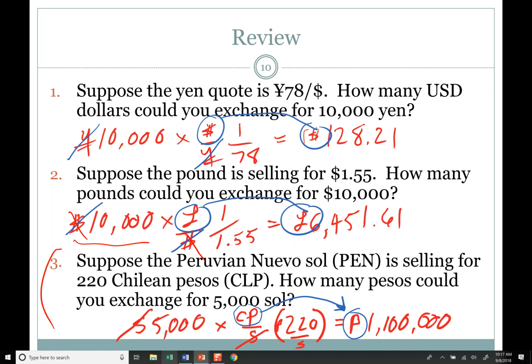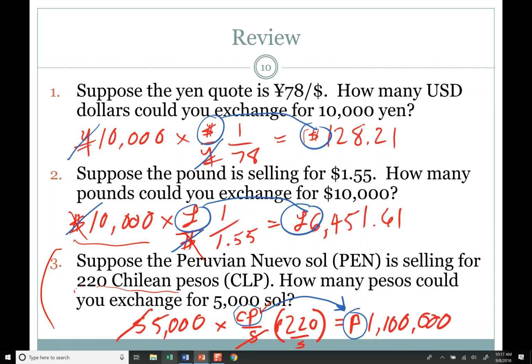Well, if I have 5,000 sol and I want to get pesos, I need a Chilean peso over sol exchange rate. That is a peso per sol exchange rate. Cool. So I can just multiply times 220. So it's all just mathematics of trying to figure out what's in the numerator and what's in the denominator.